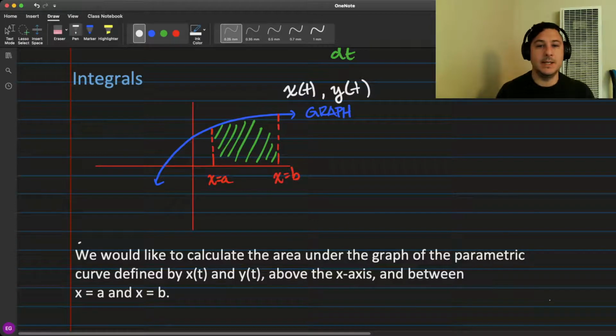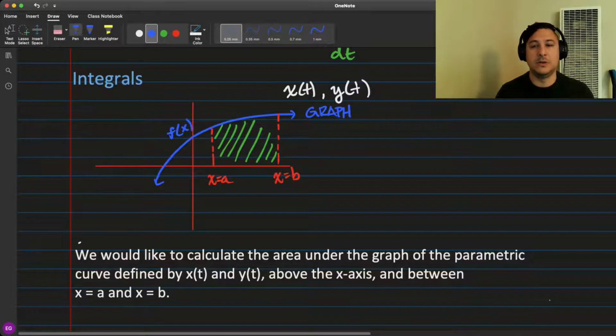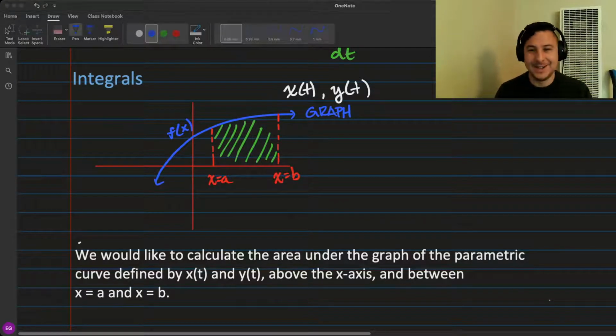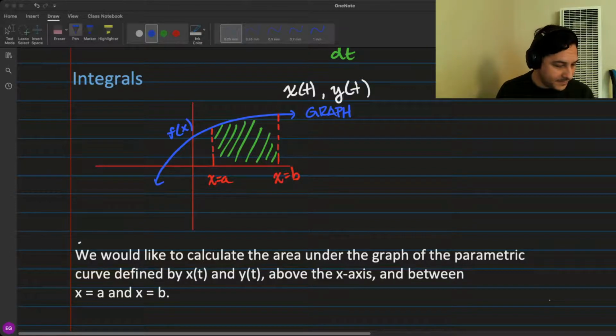So if this was some simple function f of x, what would you do? If we were just graphing some regular rectangular equation f of x, how would I find this? Oh, no, you don't need a shell method here.